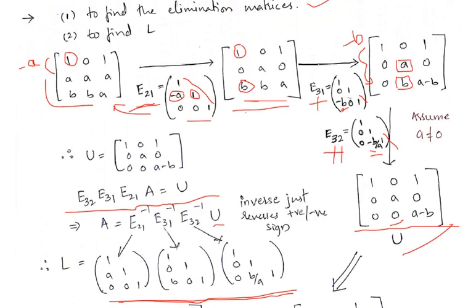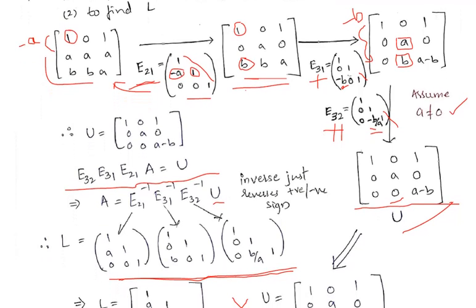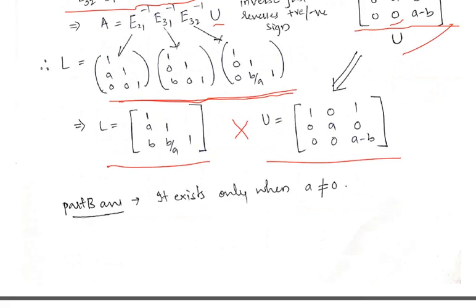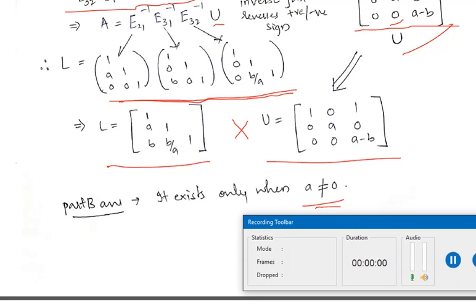See, when we performed the operations, we only found that a should not be equal to 0, because we are multiplying by b by a. So there is no condition for b. b can take any value. So for part b, the answer is a should not be equal to 0. Okay. Thank you.